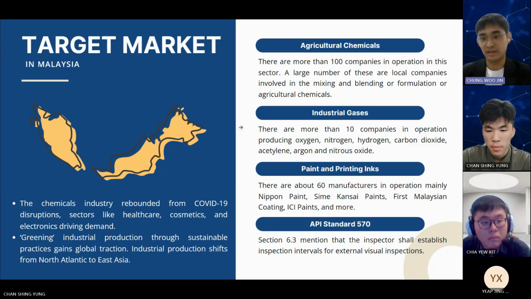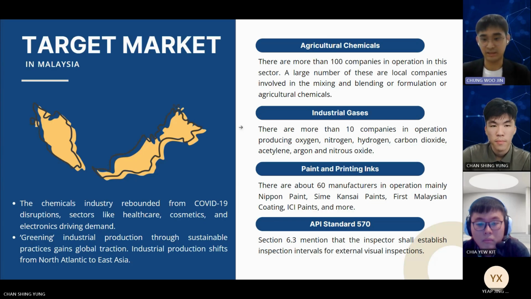For the industrial gases sector, there are more than 10 companies in operation, which produce oxygen, nitrogen, hydrogen, and other gases. And lastly, for paint and printing inks, there are about 60 manufacturers, mainly Nippon Paint, Siam Kansai Paints, First Malaysian Coating, ICI Paint, and more.